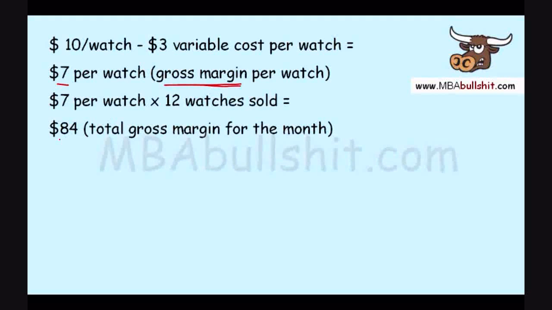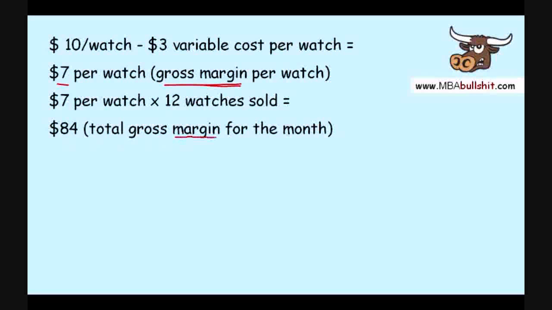Some people call it gross profit, but I find it confusing because it might be confused with final profit. So it's better to use the word margin. So you have a total gross margin for the month of $84. Again, this is not yet your final profit.